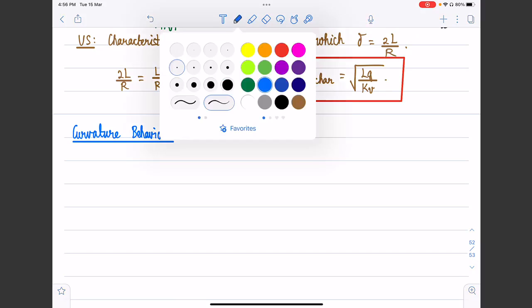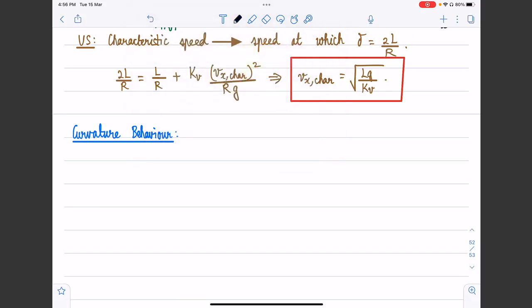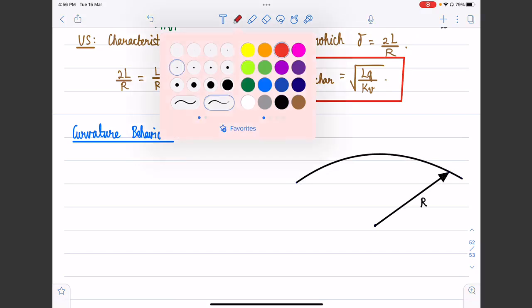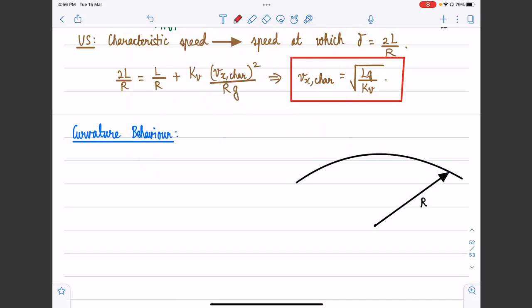So what is this situation? Let us say we consider a curve of radius r. So this radius is r. Now let's consider a four-wheel vehicle traveling.